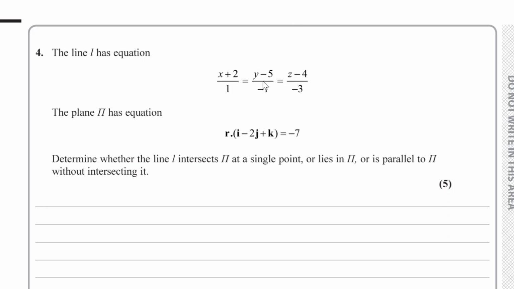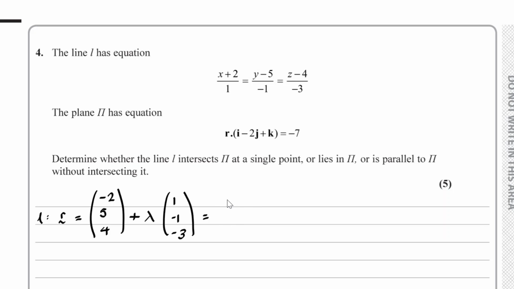Okay, so with this Cartesian form of L, I think it would be a good idea to first of all write this equation in column notation. So for the line L, we can write that in column notation. We've got r equals (minus 2, 5, 4) plus lambda lots of (1, minus 1, minus 3).